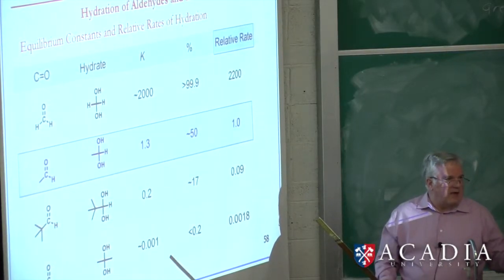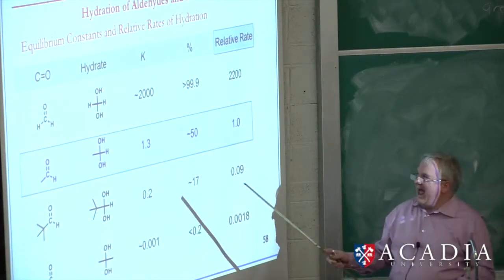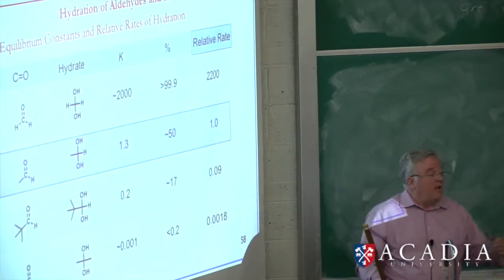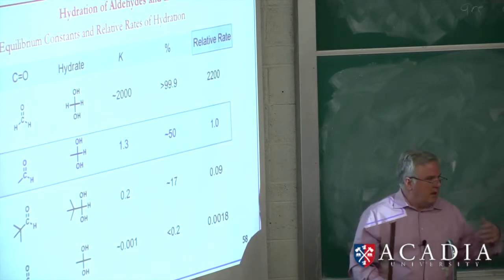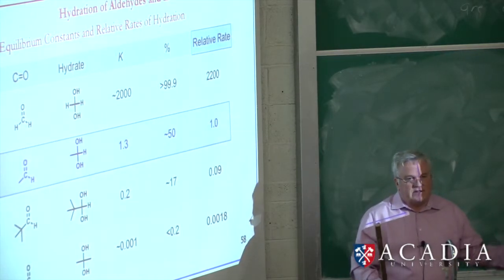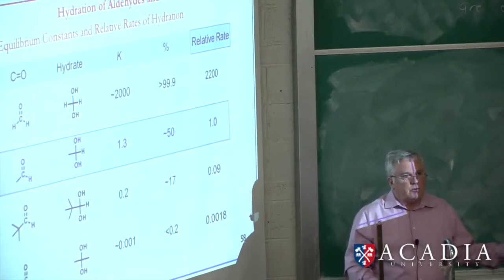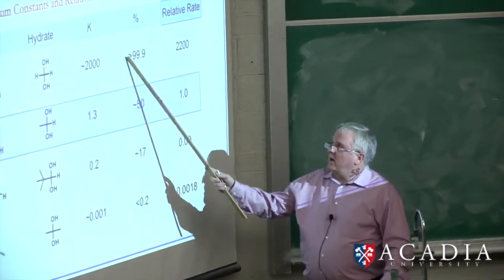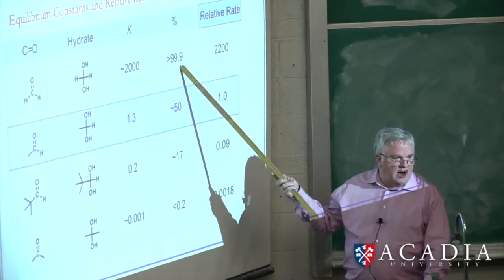So if we take acetaldehyde and put it in water, about half of it is going to be the hydrated form. If we take formaldehyde, which we think about as being very soluble in water, it's actually very reactive with water, it gets hydrated. Formaldehyde is greater than 99.9% in the hydrated form.